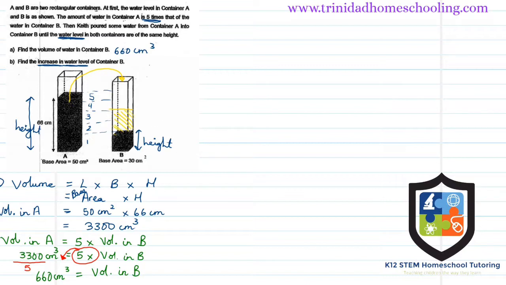We want the increase in height, which is not the new height, but the difference between the new height and the old height of water. So this here is what we're trying to find, the increase in water level.